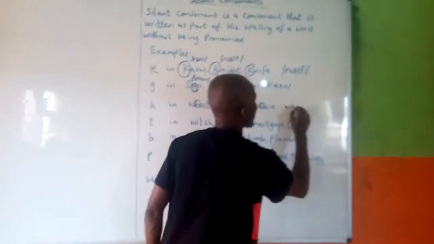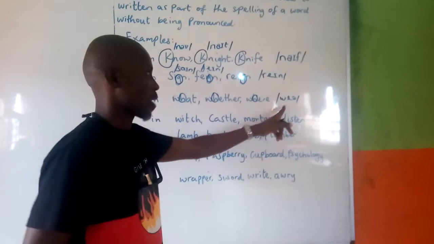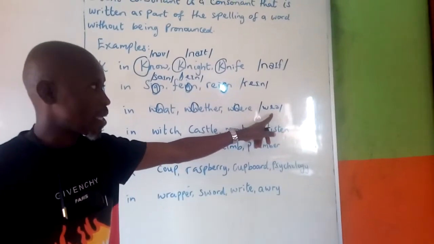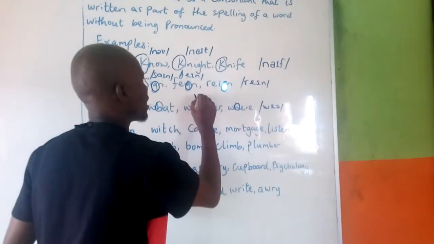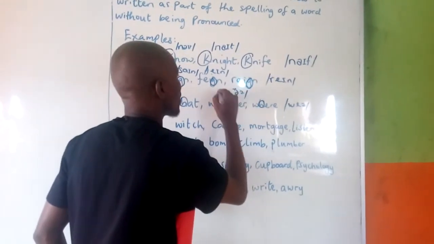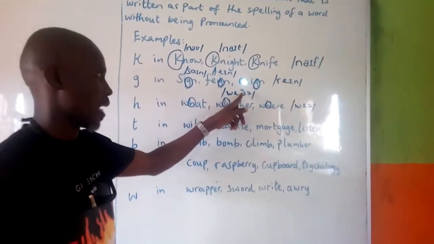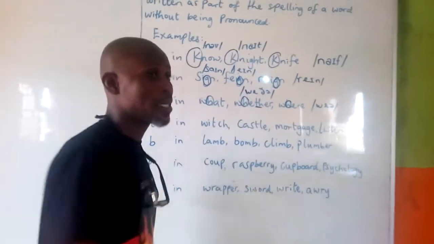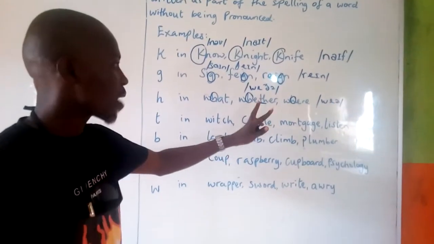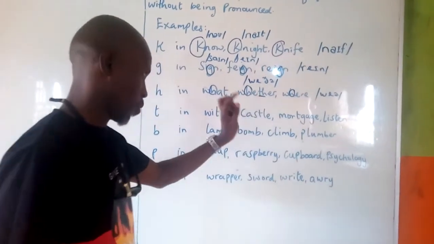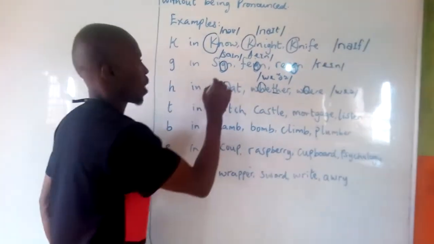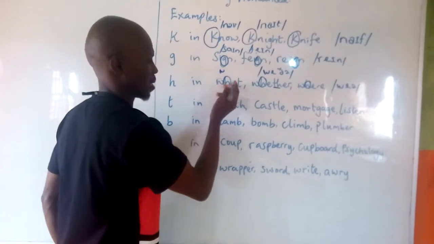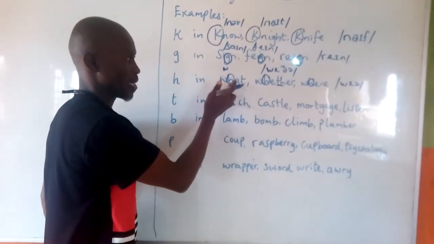Where you have the transcription, you can see that the letter H is silent. And in "weather", the letter H is also silent. Now don't forget that the TH represents this sound. It's a digraph. A digraph is a combination of letters that's pronounced as one sound. Now in "what", H is also silent.